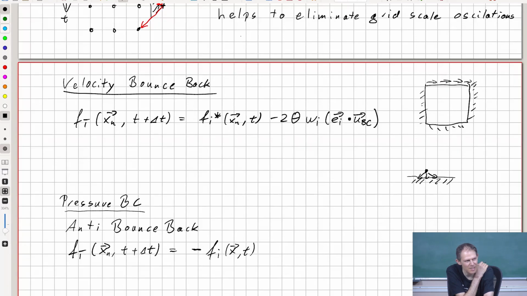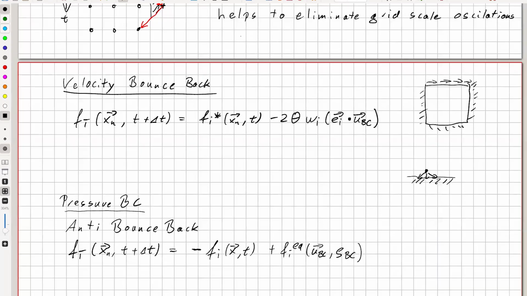So instead of taking this population in, we eliminate this population, and then we have to add in its stead Fi eq u bc. So we need to know a velocity on the boundary. This is not necessarily easy to know. Then we have the density on the boundary. I said that density is related to the pressure. So this may be the pressure that you want to set on this particular boundary.